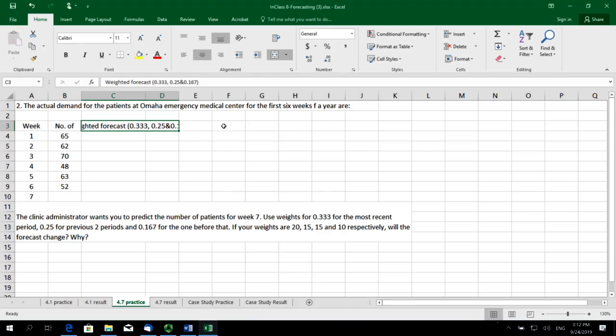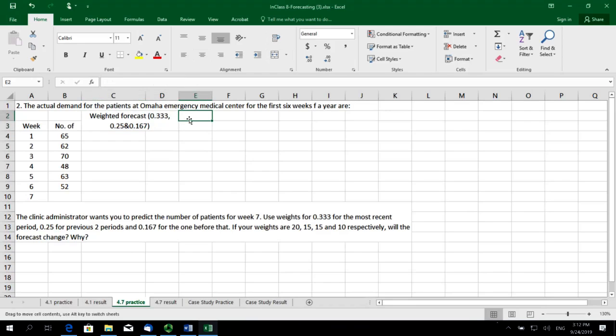How about I do this and also do this? In this one, the forecast is with the weights of 20, 15, and 10.